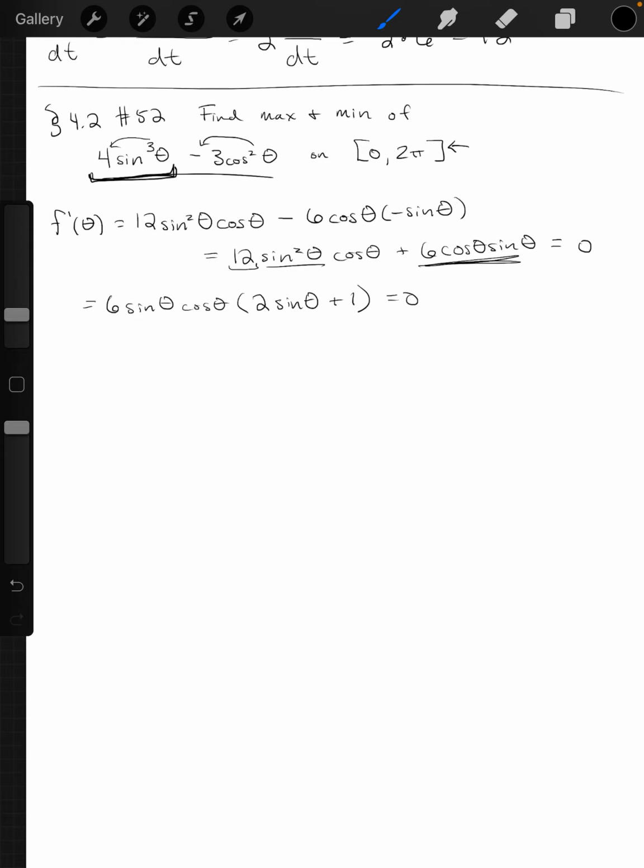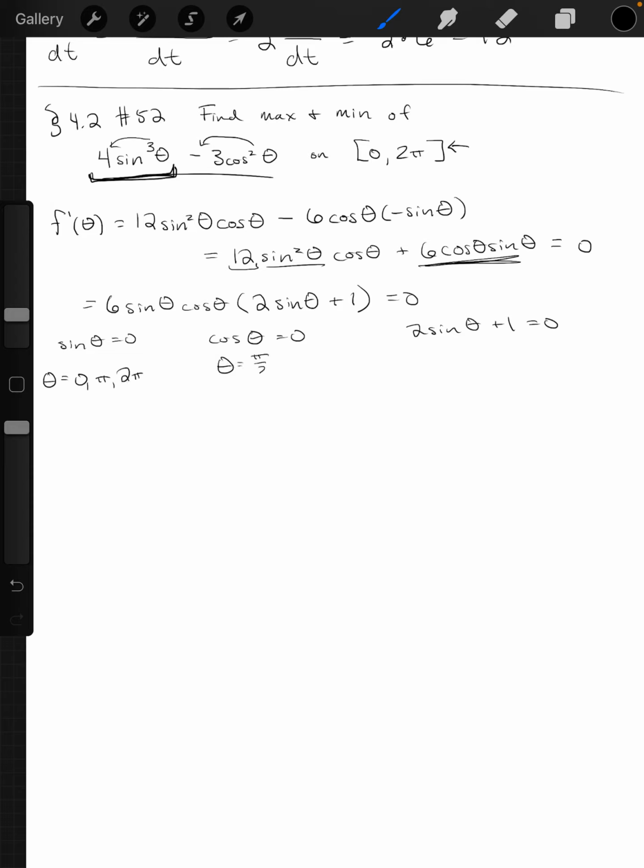So now we get that we want either sine theta to equal 0, cosine theta to equal 0, or 2 sine theta plus 1 to equal 0. Sine and cosine equaling 0 are pretty easy. This gives us theta equals 0, pi, or 2 pi.